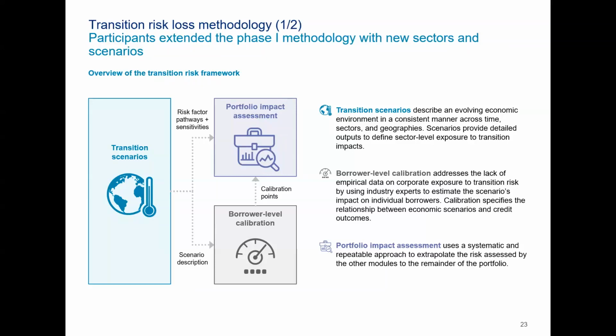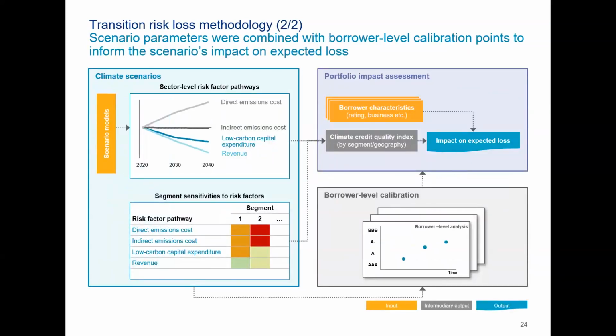overarching scenario? And so to do that, we followed this three-step approach of first taking the climate scenarios and transforming them into financially usable information by saying, what do they say across the sectors for a variety of what we called risk factor pathways? And what we mean by those risk factor pathways essentially is, what are the financial pressures exerted by this scenario on a given sector?